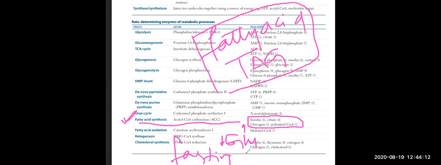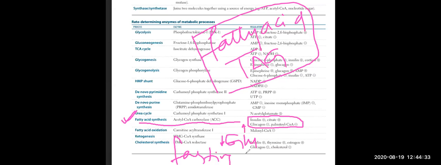If you have heard of names like palmitoyl or arachidonic or others, these are long chains, but when we break them down into smaller compounds, they are termed as either triglycerides or fatty acids.